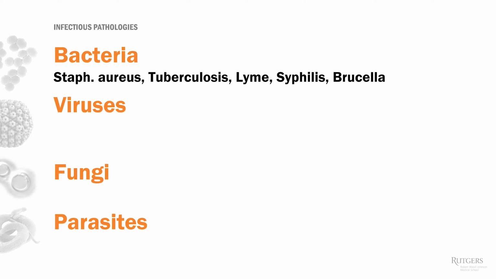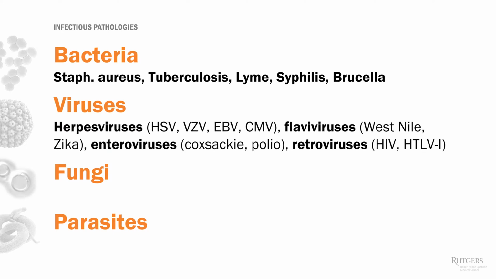Viruses causing myelopathy are herpes viruses like HSV2 and VZV, flaviviruses like West Nile and Zika, enteroviruses like Coxsackie and polio, and retroviruses such as HIV and human T-cell lymphotrophic virus type 1, HTLV, which causes tropical spastic paraparesis. Tropical because it's prevalent in equatorial regions, and spastic paraparesis refers to the virus's love for the motor tracts in the spinal cord.